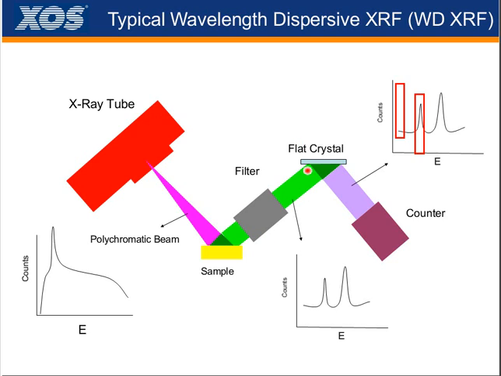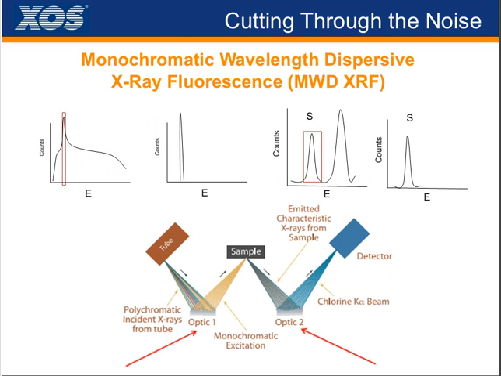And in some cases, there can be multiple crystals. They can move, just things that add more complexity to the instrument. And quite honestly, they give you a good variety of elements and good detection limits, but they're not always particularly great at one particular element, which is where XOS tries to fit in with its monochromatic wavelength dispersive XRF. So we call this cutting through the noise.